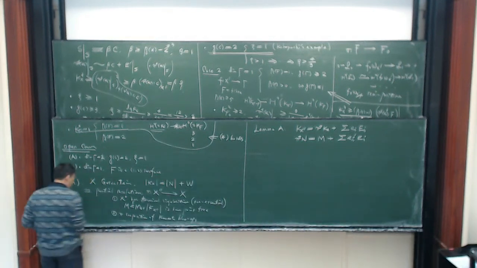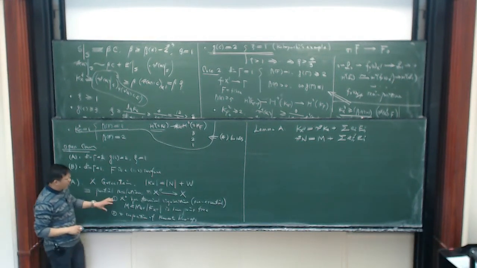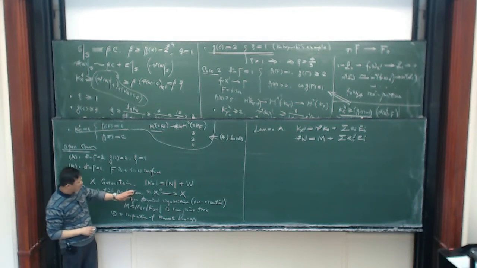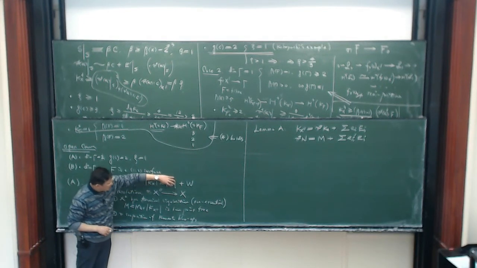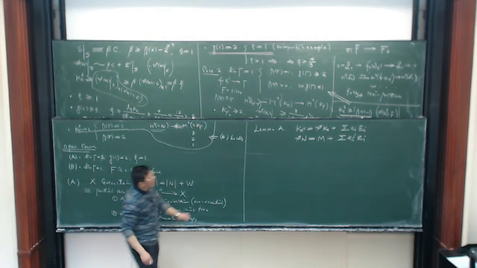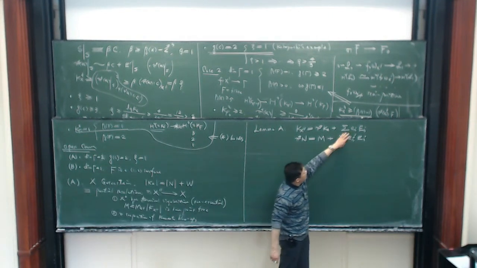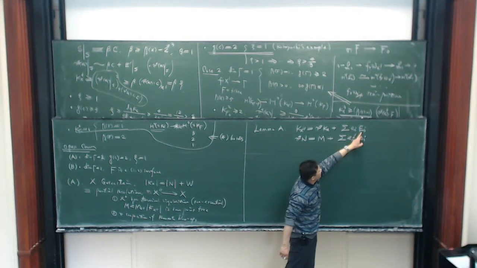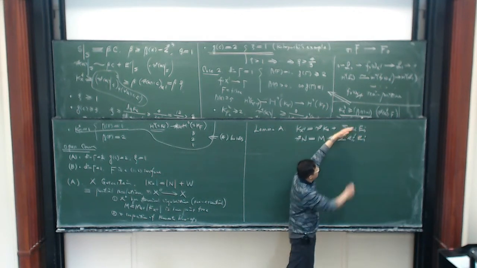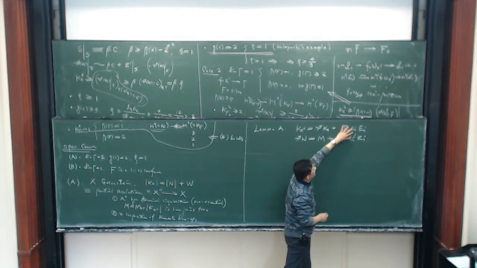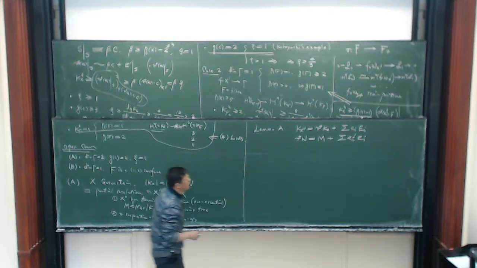By definition, we only do the blow-ups, and the centers are contained in the base locus of this moving linear system. So all the exceptional divisors appear in both sums.